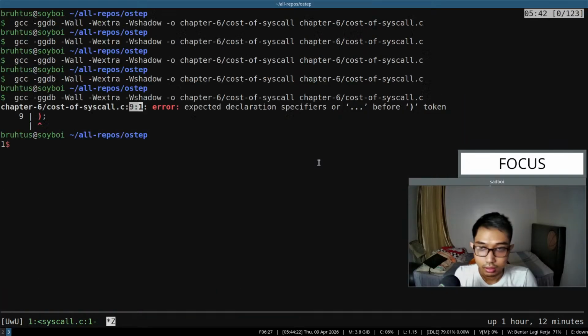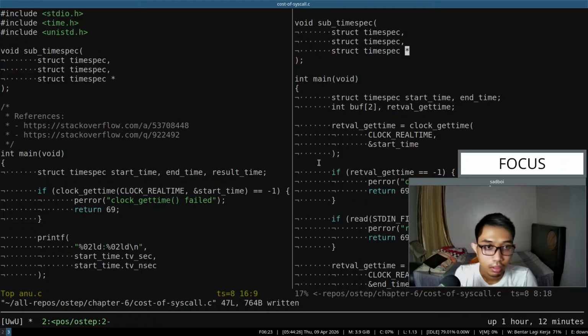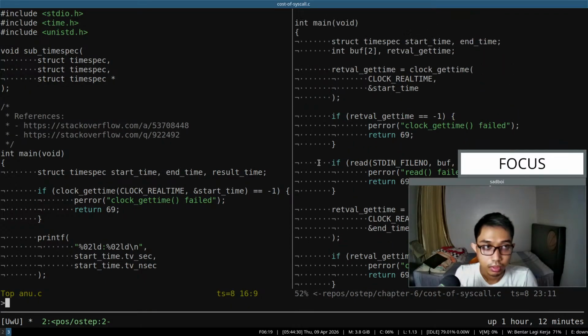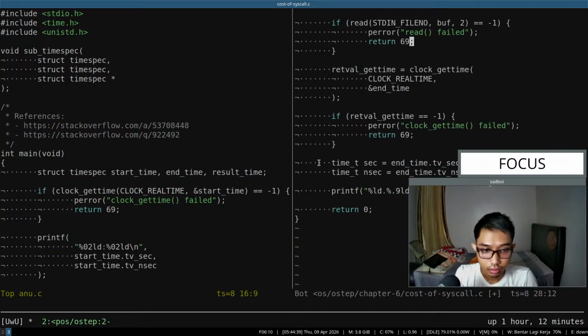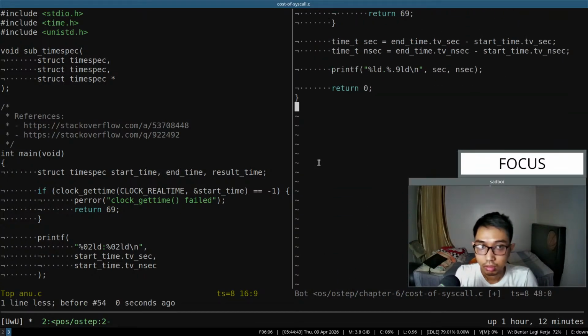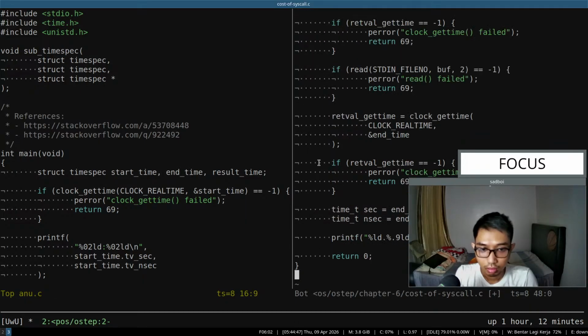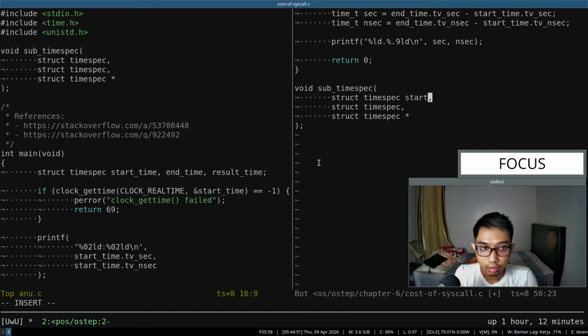We cannot do that. Reset time. Start and reset. And start.